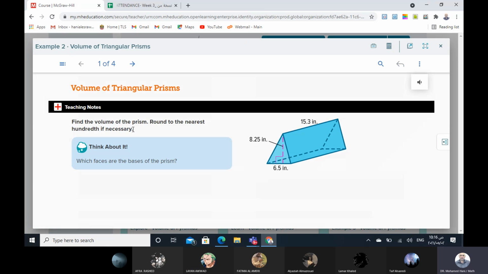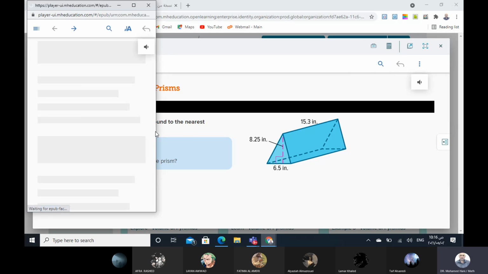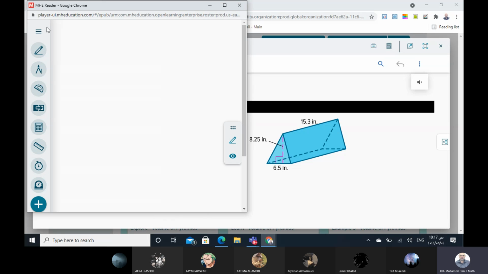Find the volume of the prism. Round to the nearest hundredth if necessary. As you see here, we have a triangular prism. To find the volume of this prism, start from the formula V equals B, where B means the area of the base, times the height.